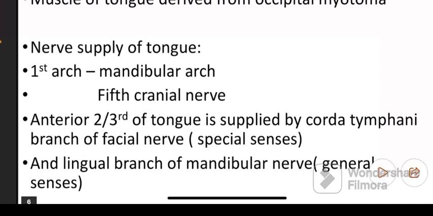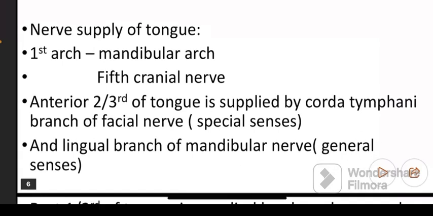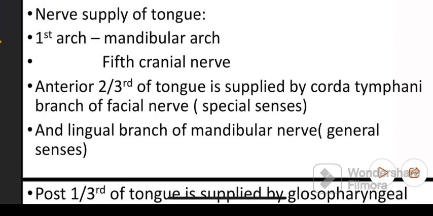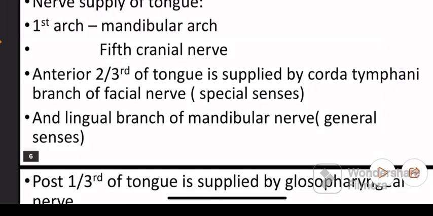So which two nerves? Mandibular nerve and the fifth cranial nerve, which is known as trigeminal nerve. Therefore, the anterior two-thirds of tongue is supplied by chorda tympani branch of facial nerve, but the facial nerve doesn't supply the first pharyngeal arch.